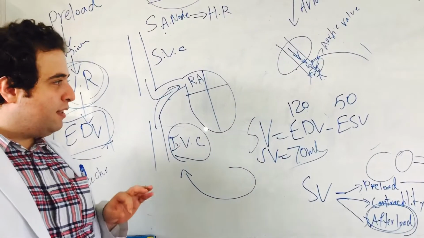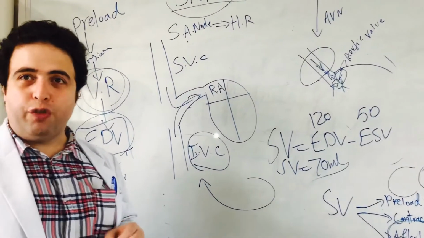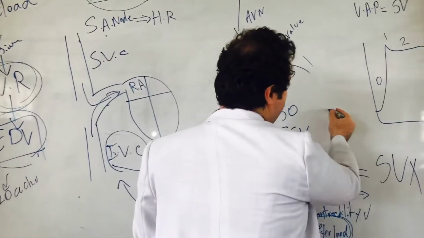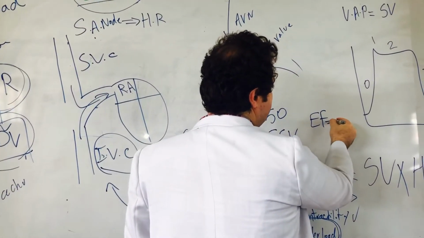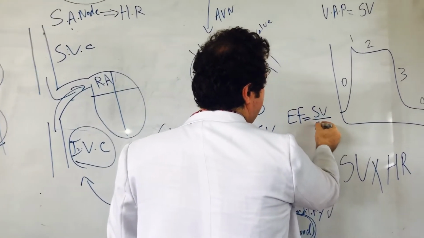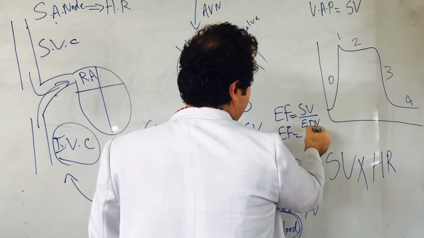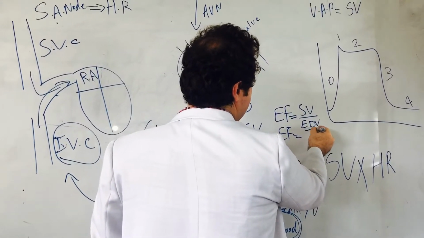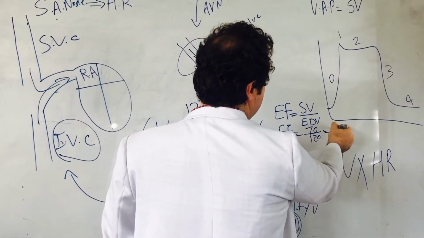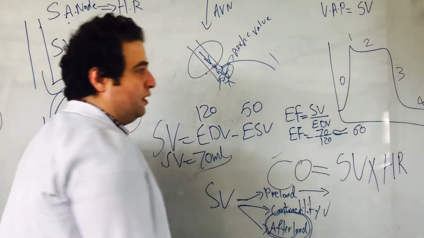There is also an important thing in this mathematics we want to know, which is ejection fraction. Ejection fraction is equal to the stroke volume divided by end diastolic volume. So 70 divided by 120 is something like 50 to 60%.